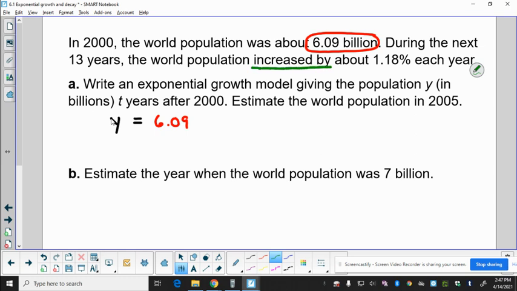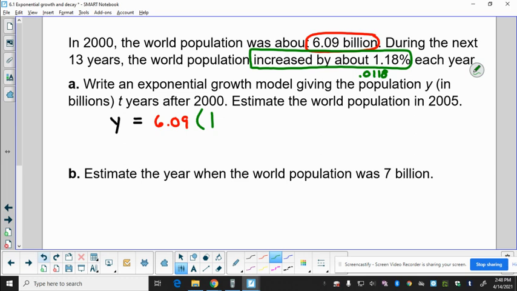It increased by about 1.18%. Now let's remember that that is 0.0118 as a decimal. So the way I'm going to represent it is as a growth rate.